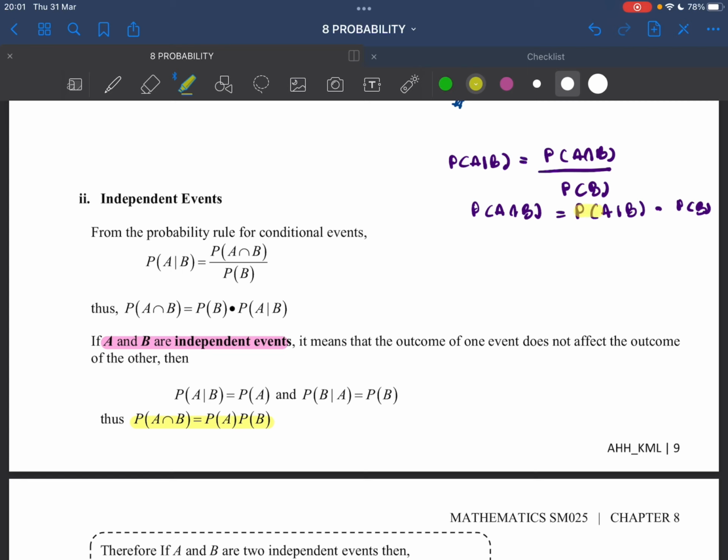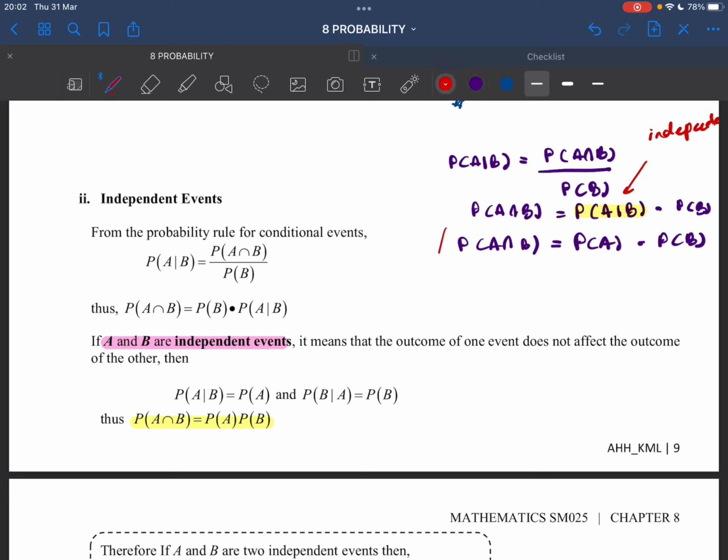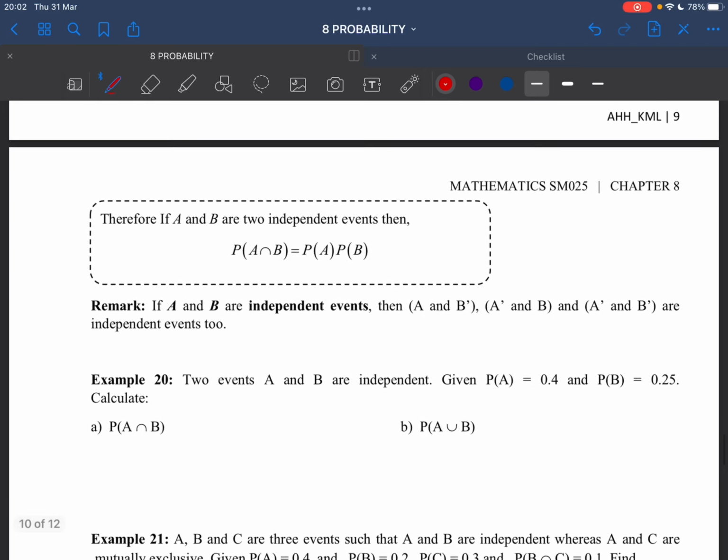Since this is independent, if events A and B are independent, the outcome of B does not affect the outcome of A, so that will be equal to P(A) times P(B) for A∩B. That's where the formula for independent events comes from. I hope you can see that. So let's just go straight to the example.